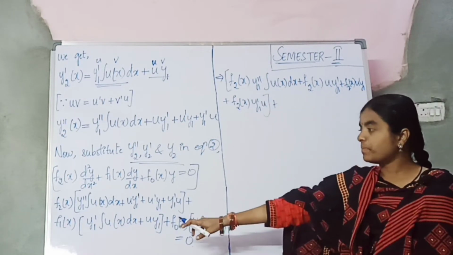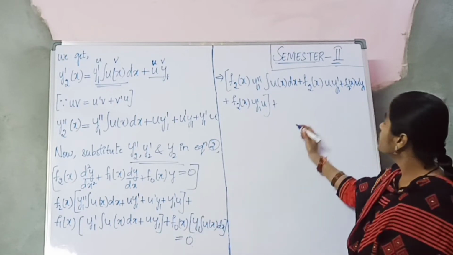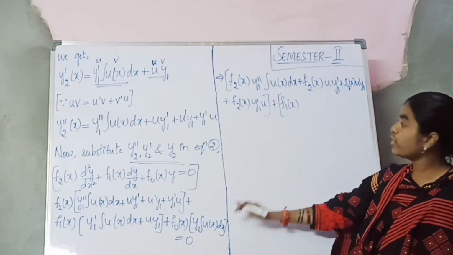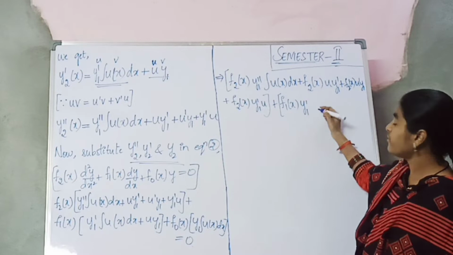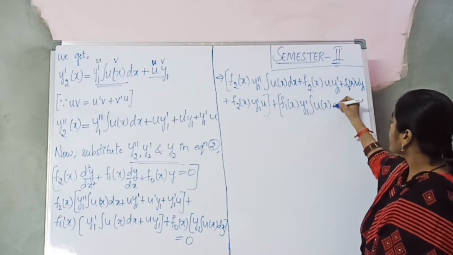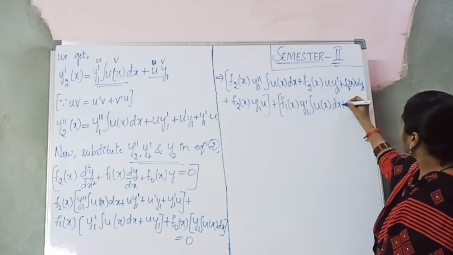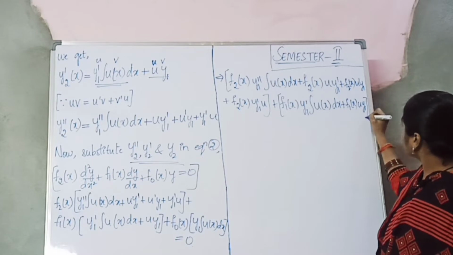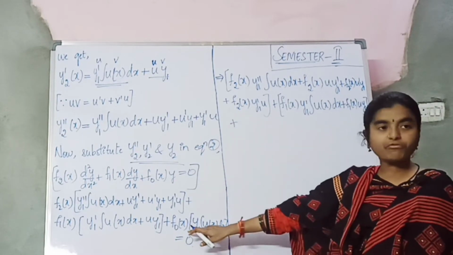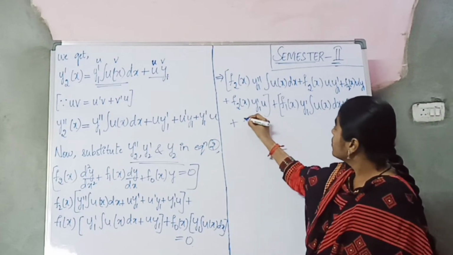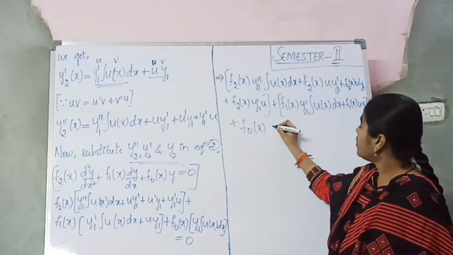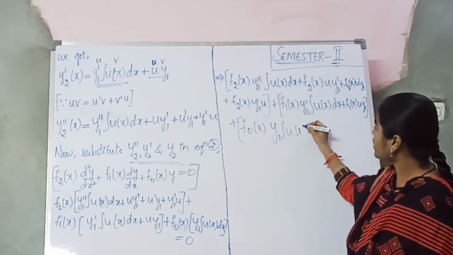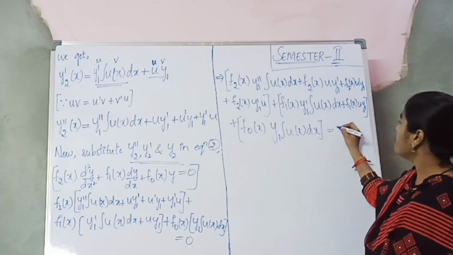Again we multiply f1 of x into y1 dash into the integral of u of x dx, plus f1 of x into u y1, plus f0 of x into y1 into the integral of u of x dx, equals 0.